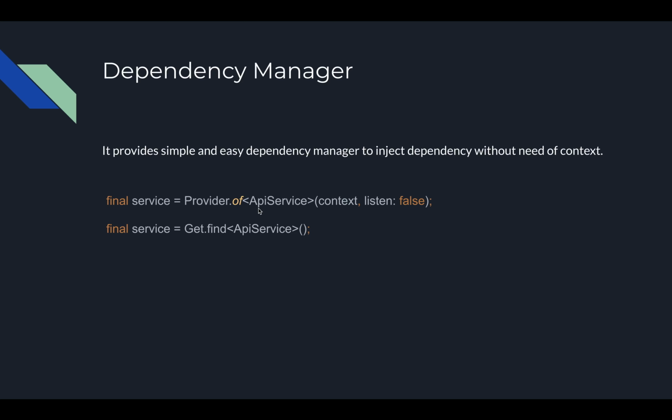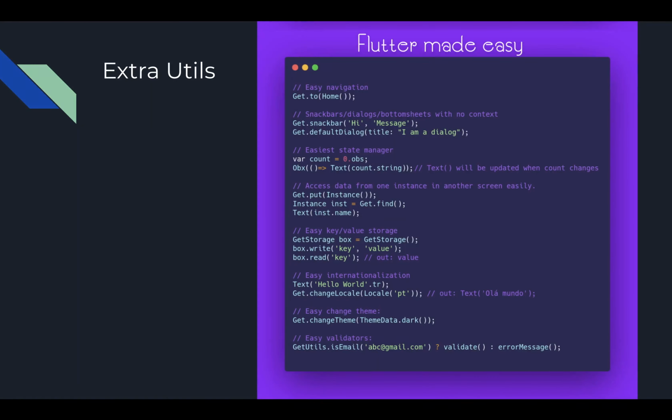So you can see while using Provider, you have to pass the context while injecting the dependency. However, with GetX, you don't need to write any context and it has simpler code. So that's another cool thing about the GetX package. Last but not least, GetX provides some extra utilities that can be really handy at times.